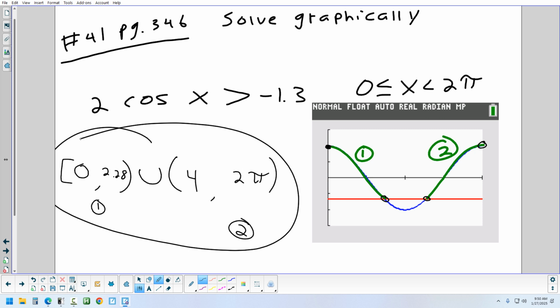Okay, and why did I have to write my answer as an interval rather than just x equals and a number? Yeah. Because you're not looking for a specific point, you're looking for a segment. Yeah, I'm looking for this entire section because it's an inequality. Yep.